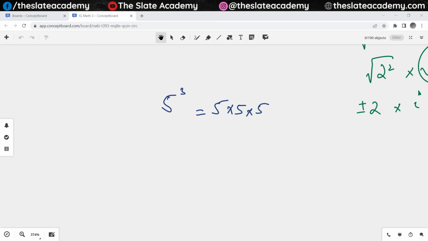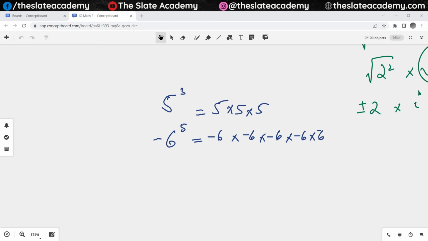Acha ji, if someone says negative 6 to the power 5, that would mean negative 6 times negative 6 times negative 6 times negative 6 times negative 6. Right? One thing we know, when negative numbers multiply with each other, that gives us a positive answer.